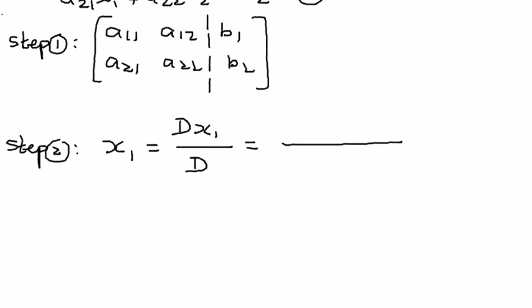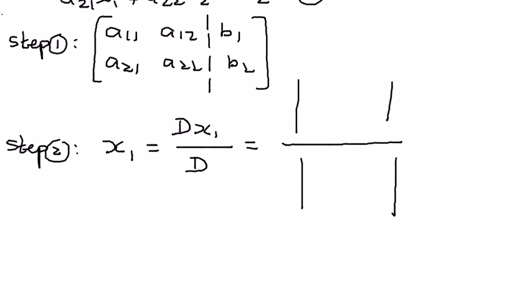In here we will be writing a determinant in the numerator, and we will be writing a determinant in the denominator. In the numerator, the way we want to write this one is as follows. We're going to replace the coefficients of x1, in the first column, by the constant terms.